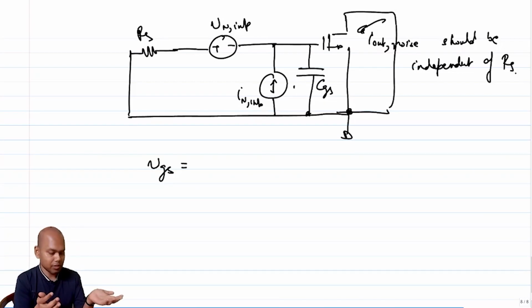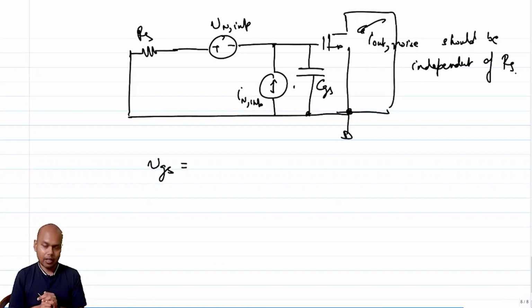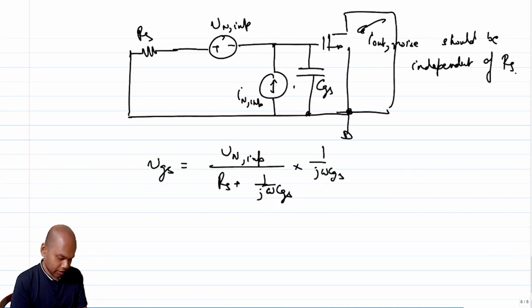If I only use Vn INP and open the current source, then VGS becomes Vn INP times (1 by j omega CGS) over (Rs plus 1 by j omega CGS).